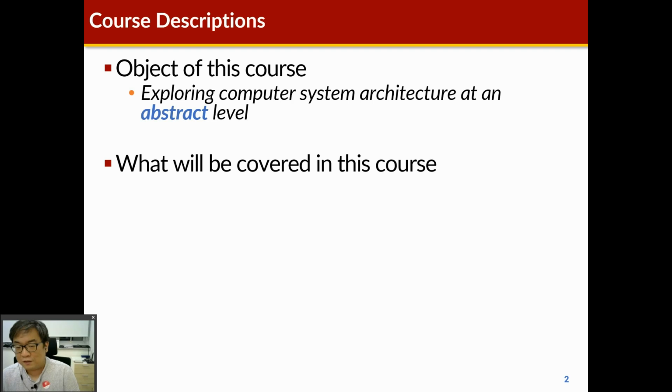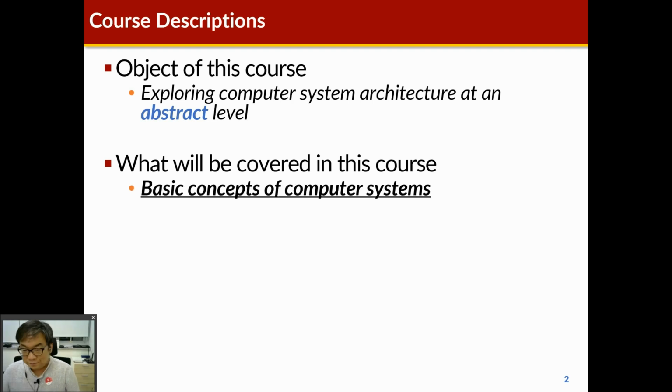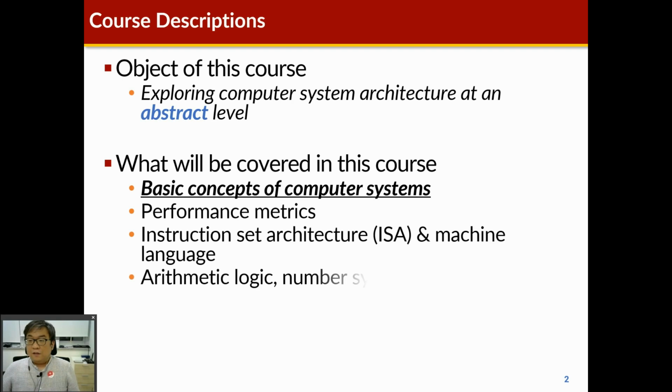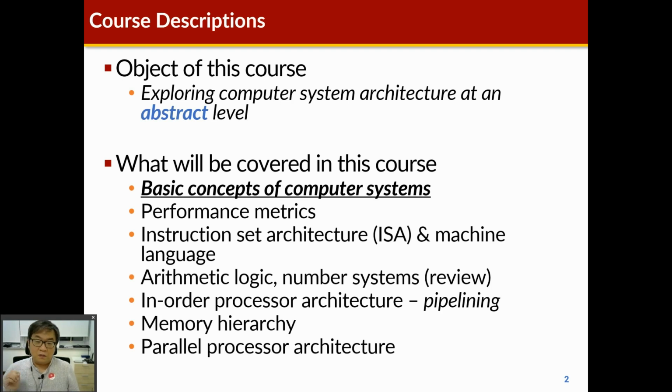Then I will explain what will be covered in this course. This is the architecture course for undergraduate students, so I will cover the basic concepts of computer systems. In this course, I will also cover performance metrics. A performance metric is a measurement unit that measures the performance of a computer system.